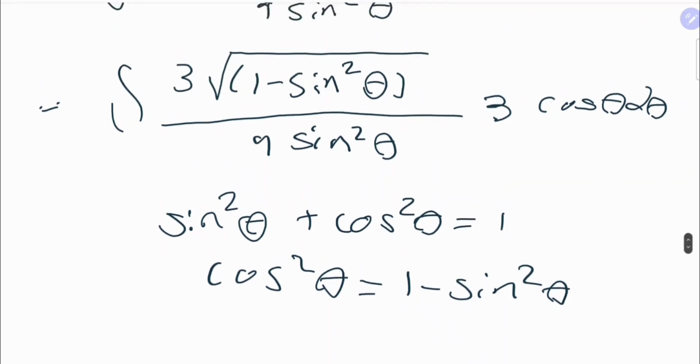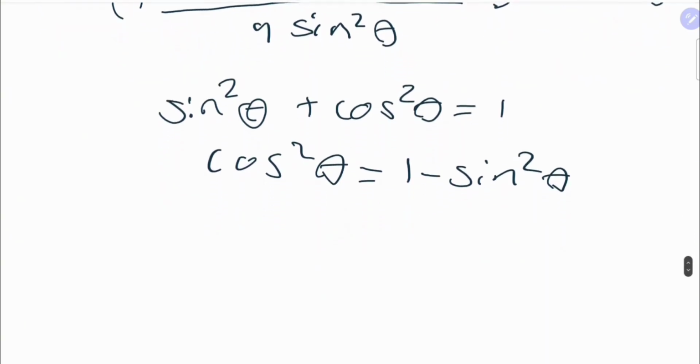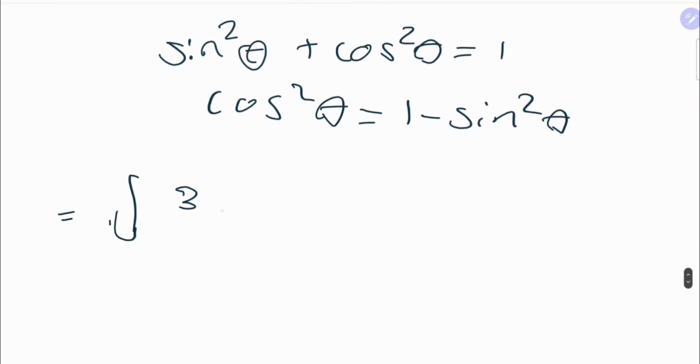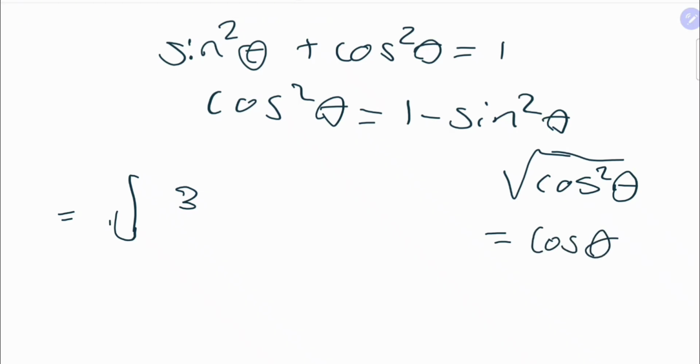Understand? Great. So this is going to equal the integral of 3 root of cosine squared theta, cosine squared theta, is equal to cosine theta. Okay?